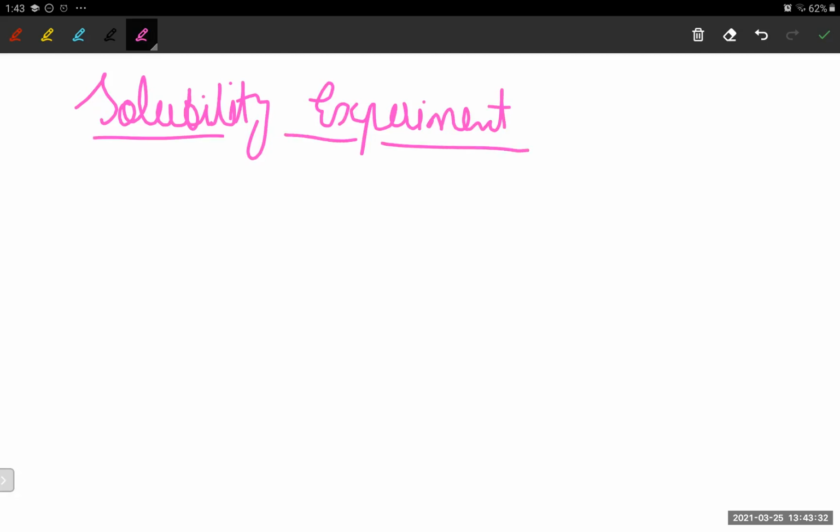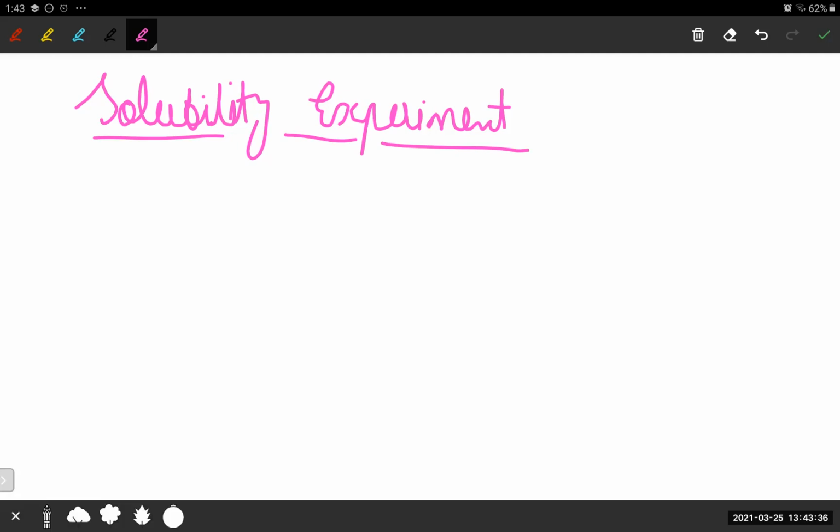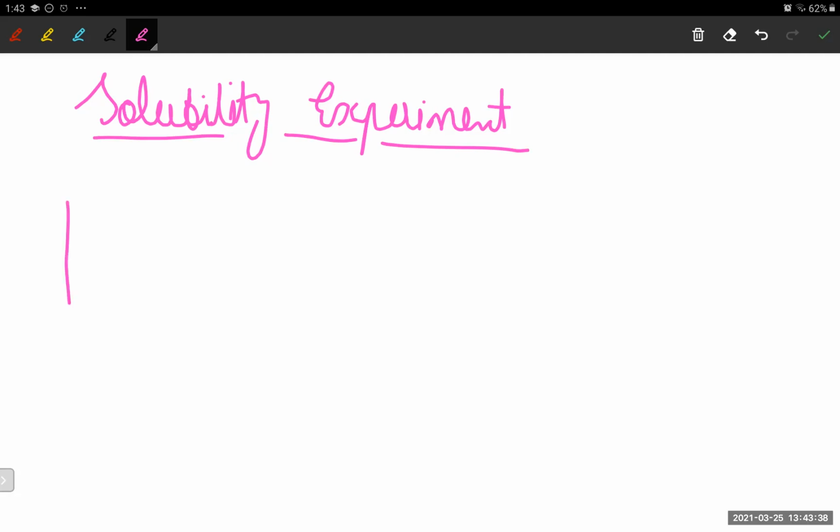You see, solubility experiment, the same thing will be there. We'll be having the same setup again. Let's take a flask first of all, and let's have a stopper at the end. The stopper has holes. From one hole there is what? Tell me, I told you in the previous video.